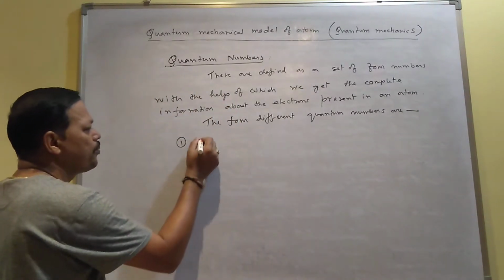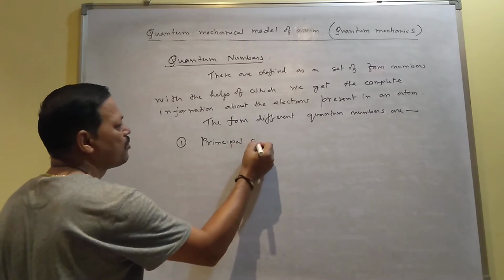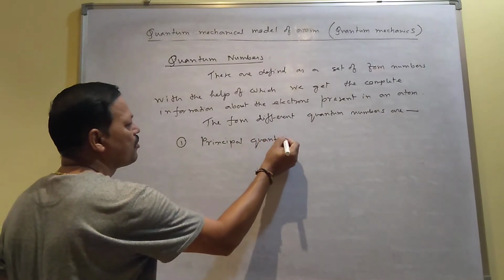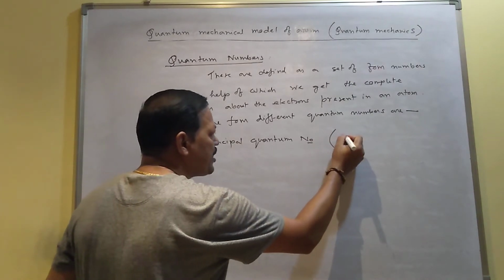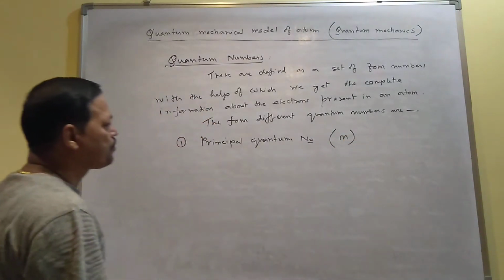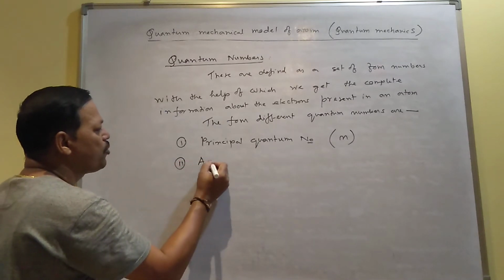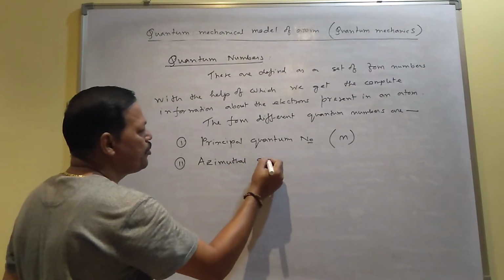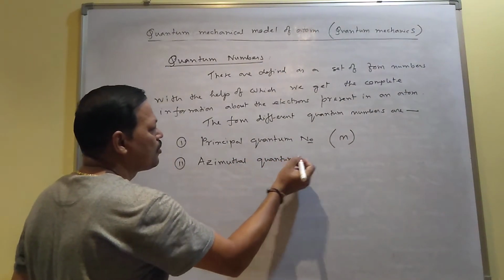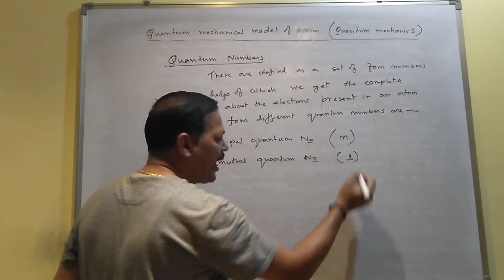Number 1 is called principal quantum number, which is represented by the symbol small n. Second one is called azimuthal quantum number, which is represented by the symbol small l.